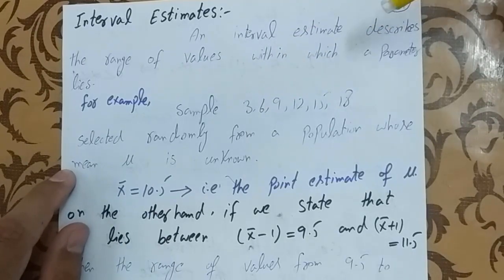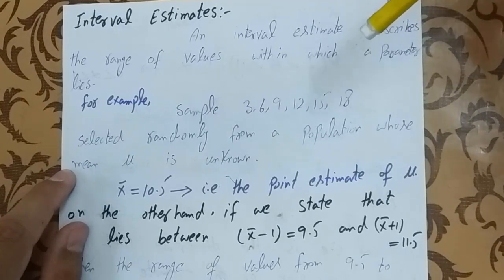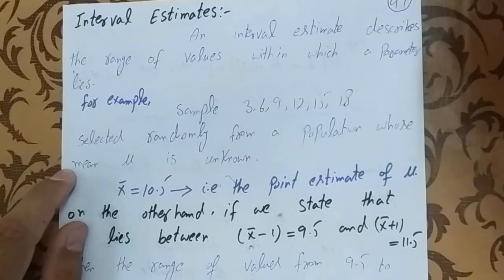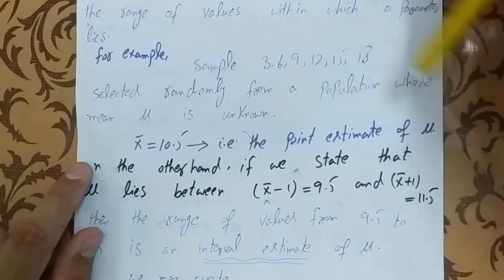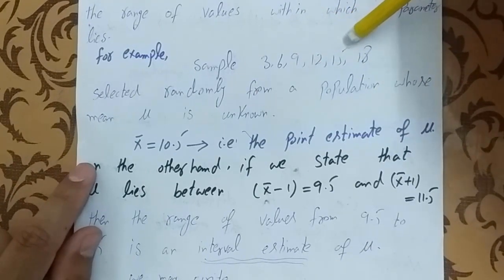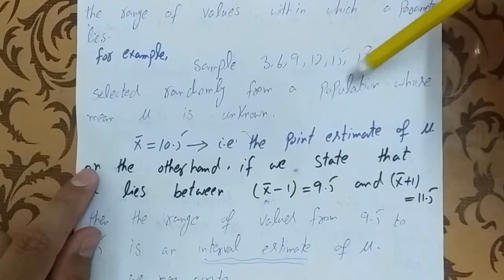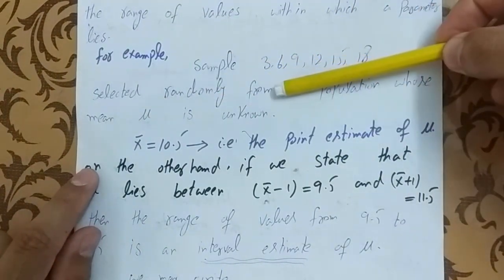We defined the parameter, the statistic and the point estimator in the previous video. You can check these differences in the previous video. For example, a sample 3, 6, 9, 12, 15 and 18 is selected randomly from a population whose mean mu is unknown.